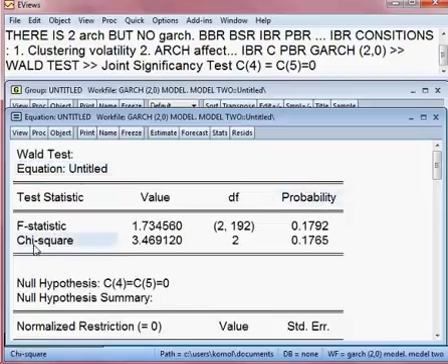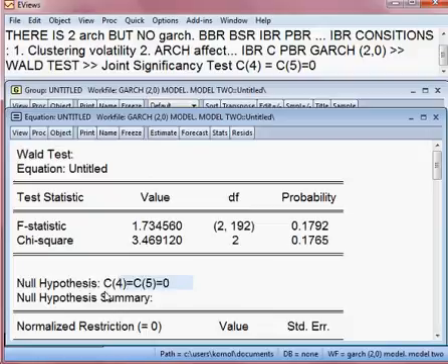Probability, chi-square, and the p-value. What is the null hypothesis? The null is C4, C5 equal to 0. That means C4 and C5 jointly cannot influence the dependent variable, which is the Indian bond return.